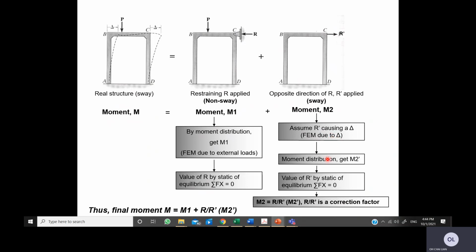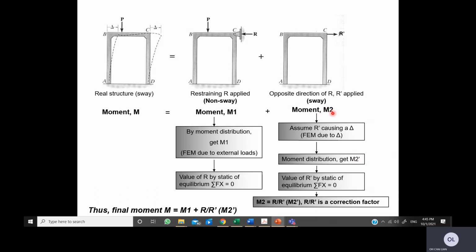From the moment distribution table, we will get M2 prime. Then we need to determine the R prime value. Then we need to determine a correction factor, which is R divided by R prime, to determine M2.